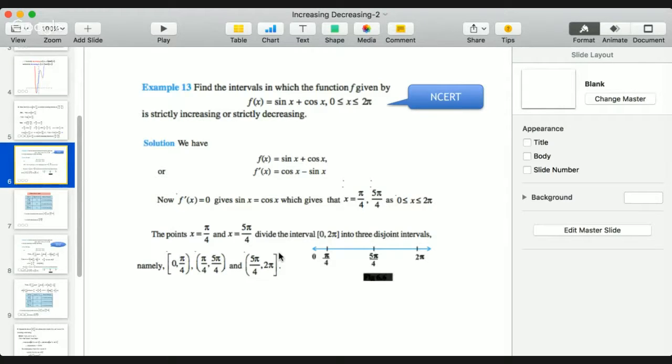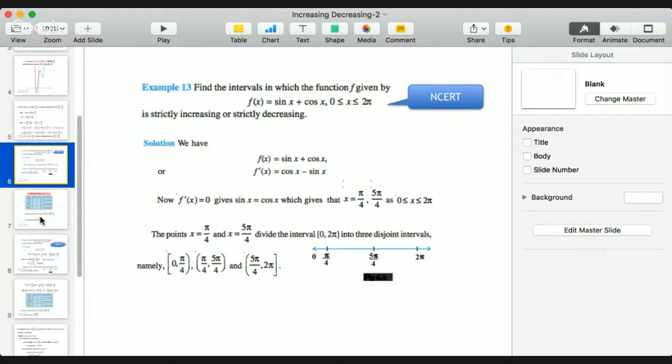That gives us sin x equals cos x. We know that sin x and cos x are equal only in the first and the third quadrant, so that gives x as pi by 4 and pi plus pi by 4, which is 5 pi by 4.